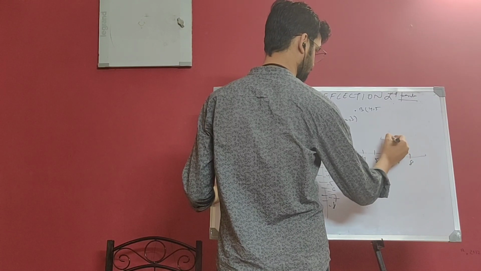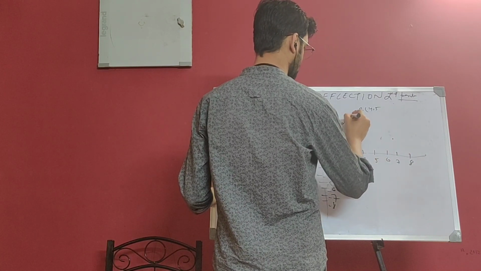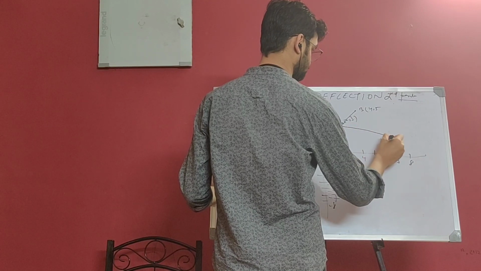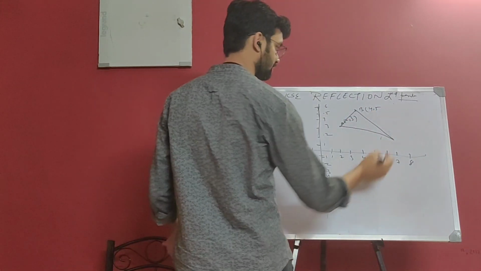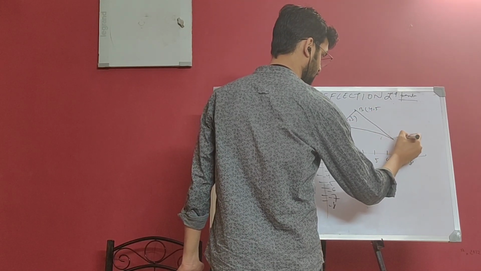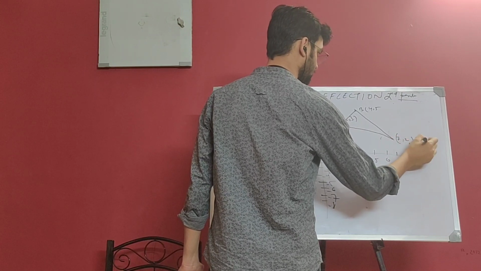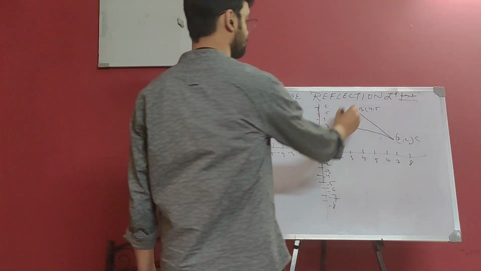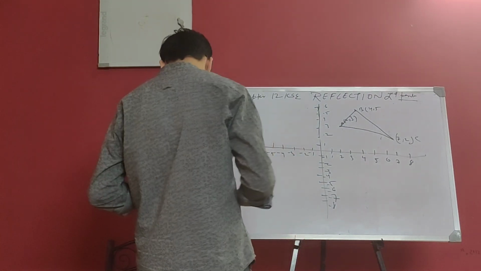Not here, sorry. Somewhere here. So I'll make a triangle itself here. Okay. 7 comma 2, this is C. ABC is a triangle. 2 comma 3, 4 comma 5, and 7 comma 2.